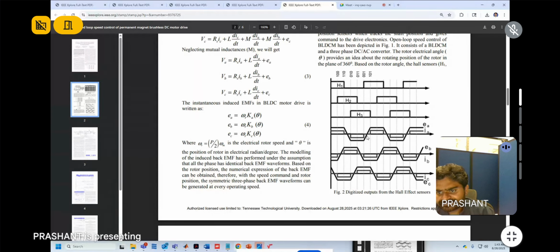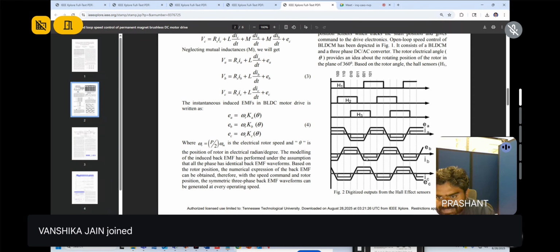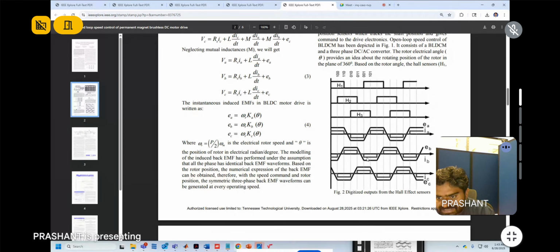Suppose this is sector 6, and this is some phase. Here it is minus E, here it is plus E, and it is transiting from minus E to plus E, with some x axis and y axis. On the bottom side it is 9 pi by 6 to 11 pi by 6.